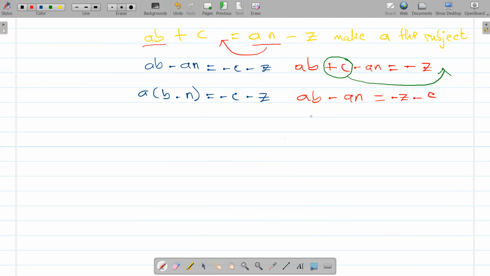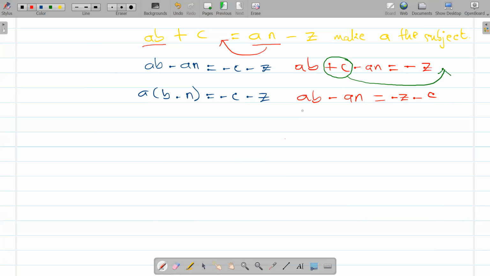Well, let's see. So now we have AB here minus what? AN. So AB and AN, it is attached, it is multiplying another letter. So if you want to make the A stand alone, that is where you look for a common factor. So the common factor here, AB and AN, which one is the common factor?